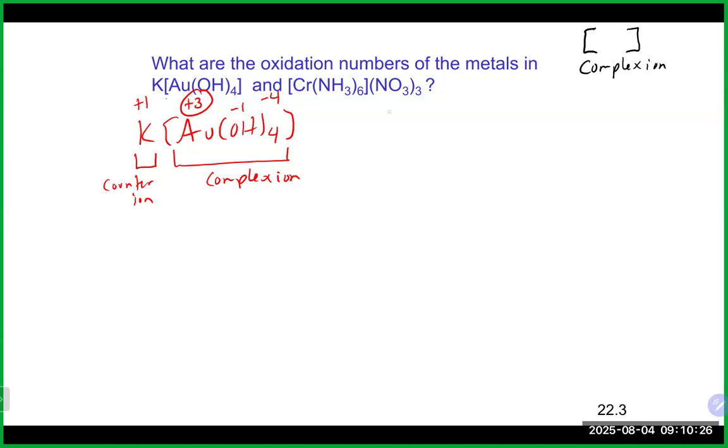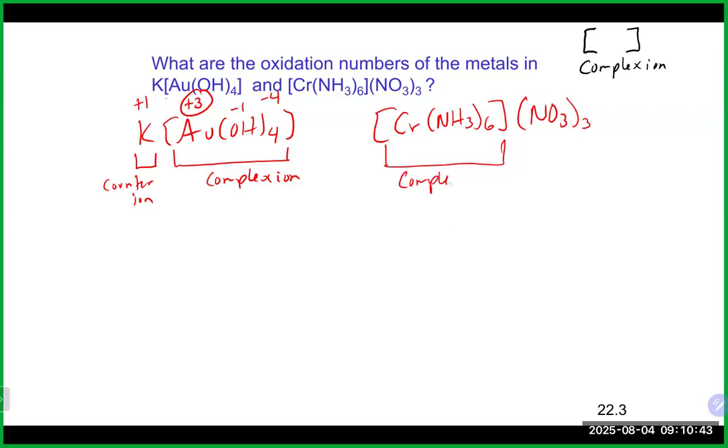If we look at the second one here, once again, in our brackets here would be our complex ion. And this here, the nitrate, would be our counter ion in this case. And again, going through it, NH3 is ammonia, and ammonia actually is neutral, right?